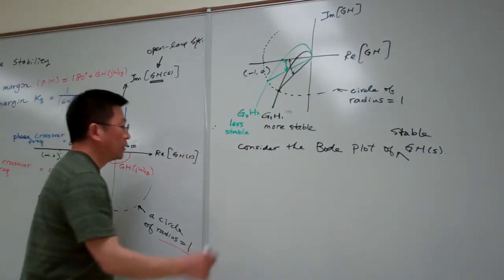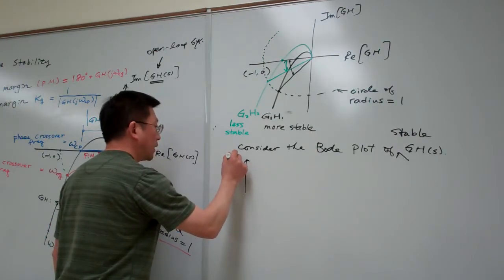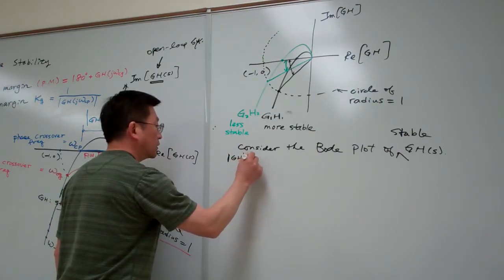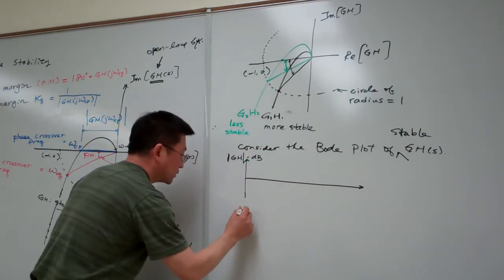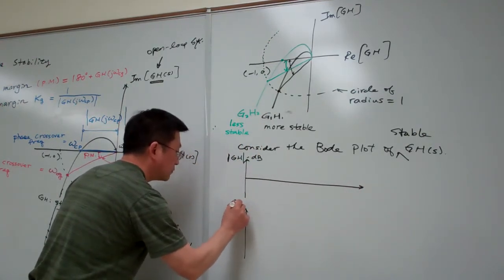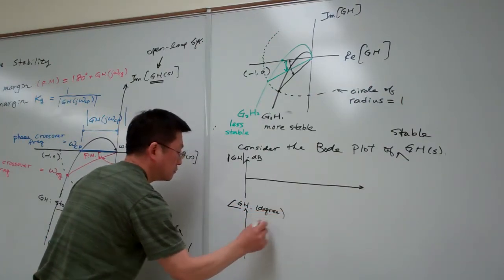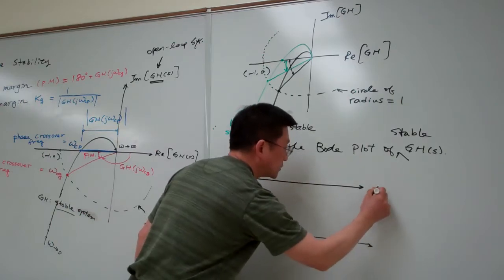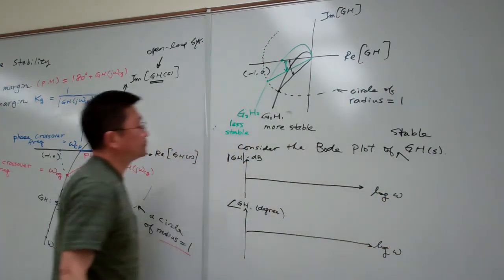Okay, so here is the magnitude of GH in dB, and this is the phase angle in degrees, and this is the log omega.